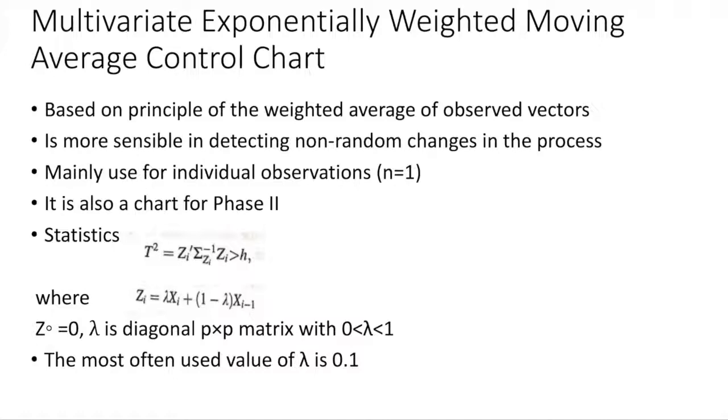Here z naught is 0 and alpha is a diagonal p by p matrix with lambda values ranging between 0 and 1. But the most popular and most prominent value used for this lambda is 0.1.